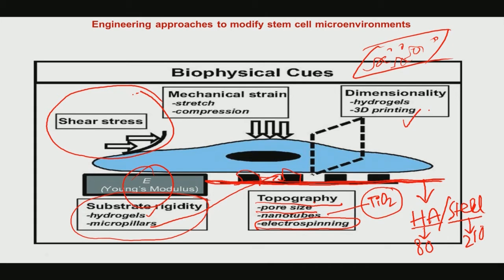It can be stretching, like tensile strain, or compression strain. Under this kind of mechanical strain, mesenchymal stem cells can also undergo differentiation. So, I am trying to explain what the different scenarios and possibilities are that biophysical cues can exert on stem cells to guide them to differentiate into different lineages.